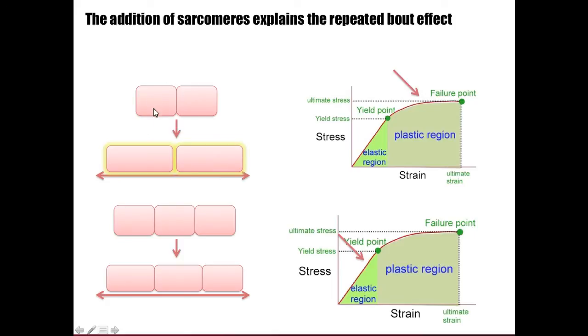If you have two sarcomeres and you go this length, these sarcomeres will be placed under more stress and be in danger of hitting the plastic or failure point. But if you have three, they're each stressed less. So that's why the addition of sarcomeres, which happens typically on lengthening contractions or longer range of motion, becomes very important to protect your muscles against damage. So you want to think about that when you're training. Make sure you're emphasizing a full range of motion if the subject or your client or yourself can do that.